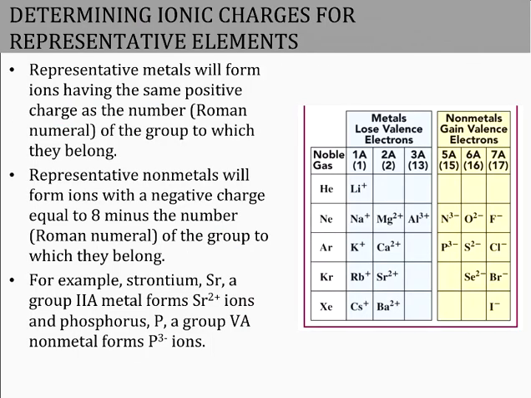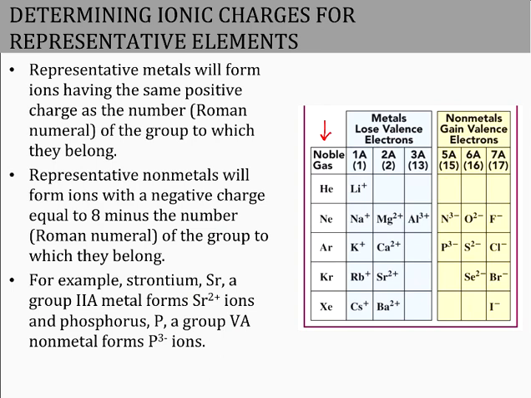So again, let's talk about some tricks to remember the different charges on these elements or these ions. So again, we have our noble gases in this chart on the right, and these are the noble gases that the elements are trying to become similar to. So they all want the same number of electrons that these noble gases have.